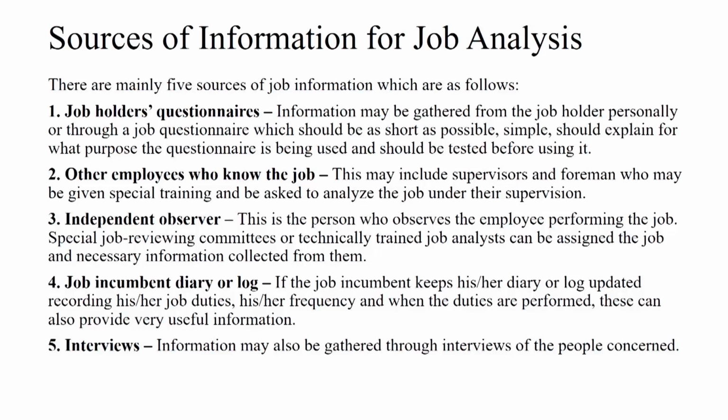Once we know what information is needed, then there are other sources. We have already discussed the sources, but what is more important here is that the questionnaires that we float can be of different levels. The information is gathered with the help of questionnaires.